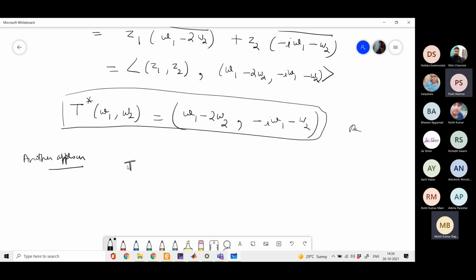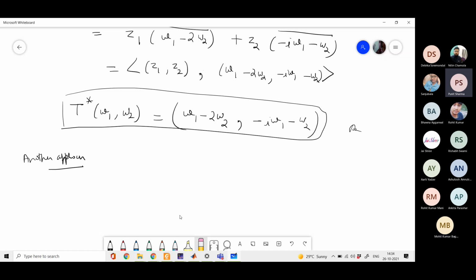Okay. Just one comment here. We have done this in the class. Basically, if you have an operator on a finite dimensional inner product space, then you choose an orthonormal basis and find the matrix representation of T with respect to this basis.